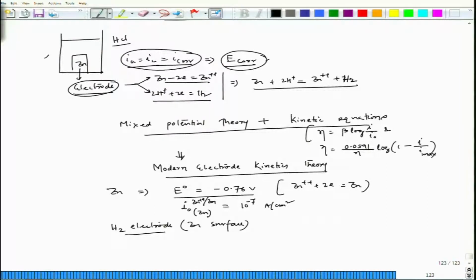For the standard hydrogen electrode, which we have seen before, a platinum electrode is used, but on the zinc surface we can also constitute a hydrogen electrode, and at that time I have E0 to be 0 volt and I0 of hydrogen, the exchange current density on the zinc surface, would be, let us say, some value around 10 to the power minus 11 ampere per centimeter square.